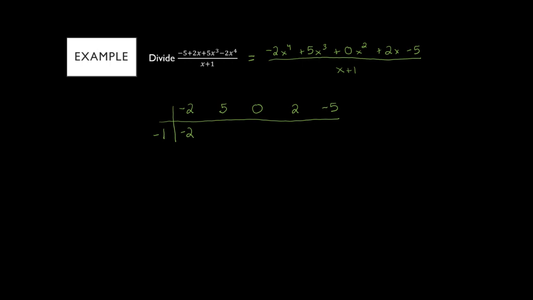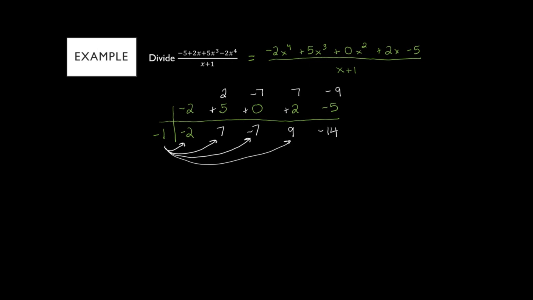So now we do our multiplication and addition, and I encourage you in your notes to even do this step and see if you get the same answers as I do. -1 times -2 is 2. 2 plus 5 is 7. -1 times 7 is -7. -7 plus 0 is -7. -1 times -7 is 7. 7 plus 2 is 9. -1 times 9 is -9. -9 minus 5 is -14.